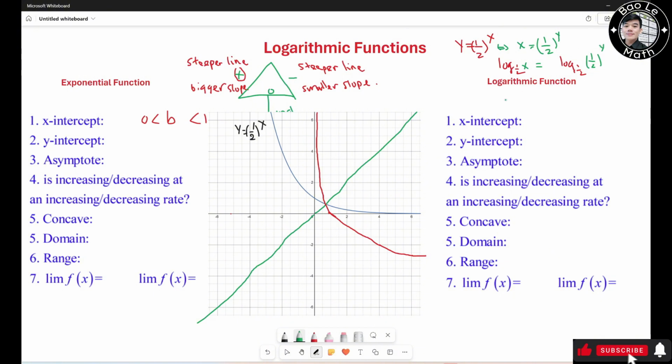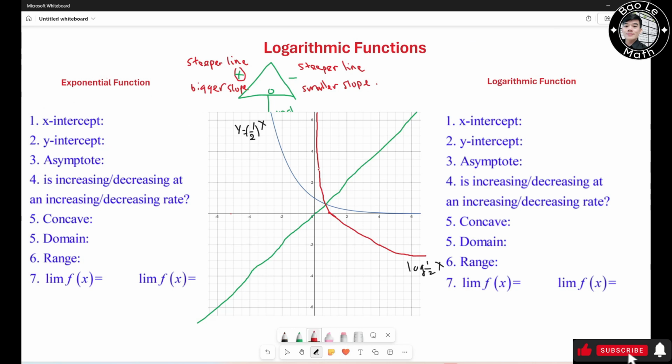So it's log base 1/2 of x equals y log base 1/2 of 1/2. I know that log base 1/2 of 1/2 equals 1, right? So finally we have y equals log base 1/2 of x, and let's write this as the inverse function, f inverse of x equals log base 1/2 of x.